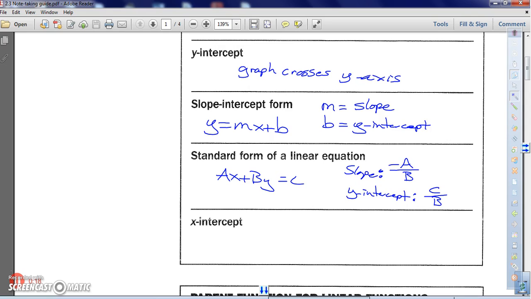Now, we don't use that nearly as often, but sometimes we do find the x-intercept. And so the x-intercept, we use the c again, but this time we divide it by the number that's in front of the x, which is the a. So those are the shortcuts that we can use from standard form. So it'd be a good idea to try to memorize those and familiarize yourself with those to help you graph lines when you see standard form.